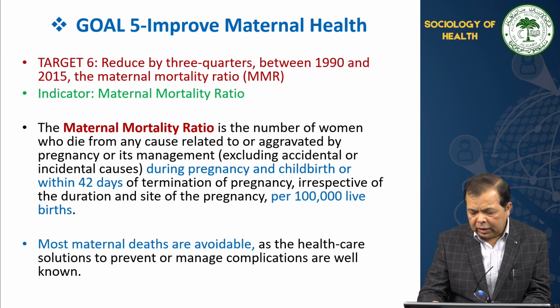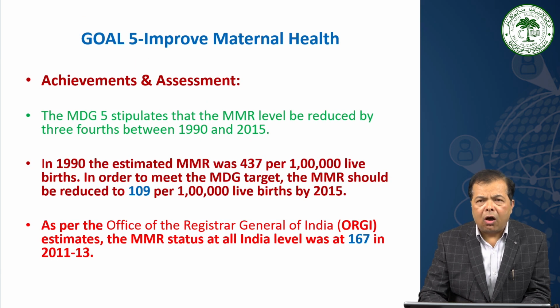But in India, there was a history of high prevalence of MMR, and there are many reasons related to that. We will talk about some of these things when we exclusively talk about maternal health and reproductive health. But you may remember when we were initiating this particular week's classes, we were talking about the background.